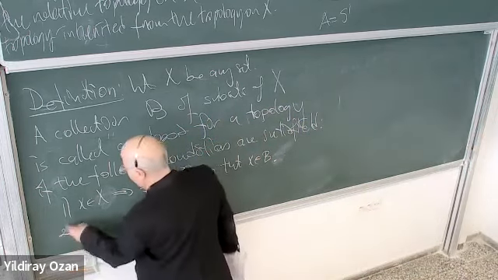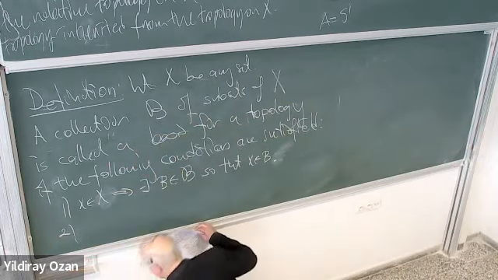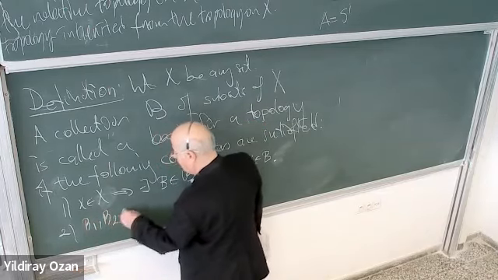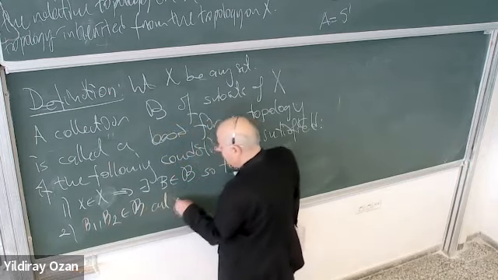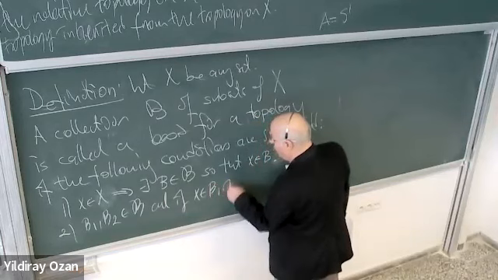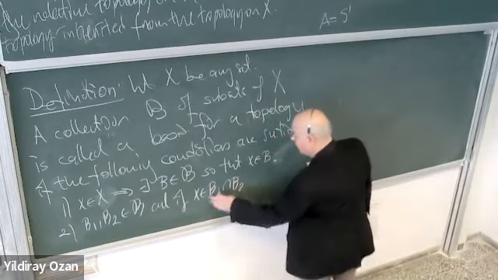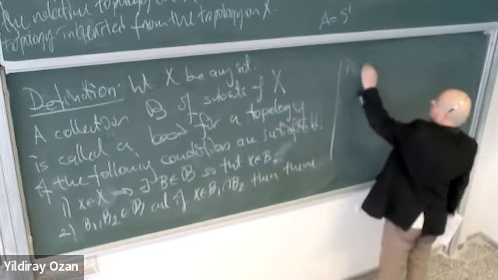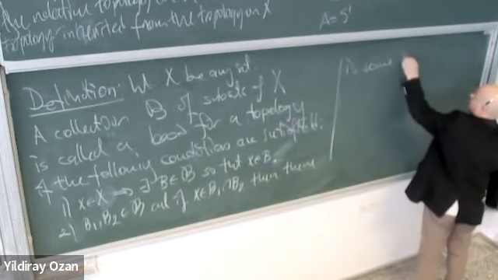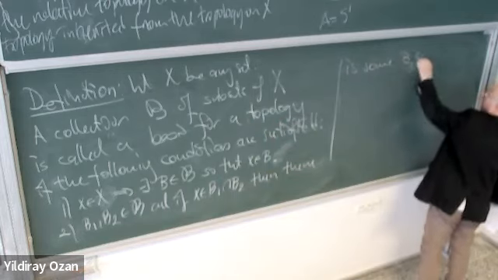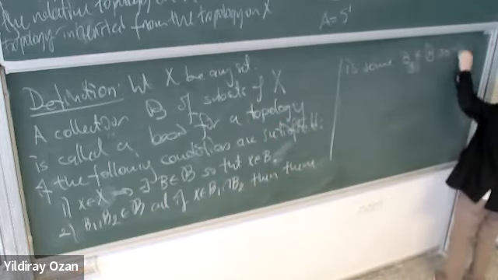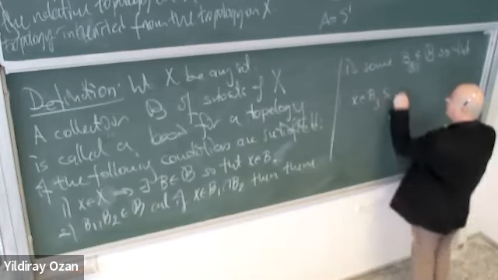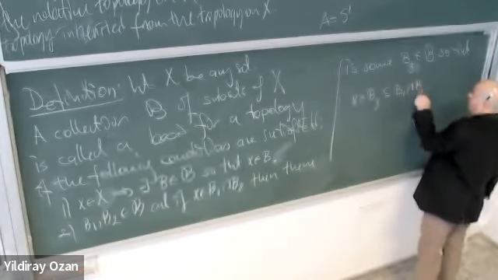Second condition is the following. If you have two basis elements, B1 and B2, and if x is a point in the intersection of these two basis elements, then there is some B3 in this collection so that x is in B3 and this B3 lies inside B1 and B2.